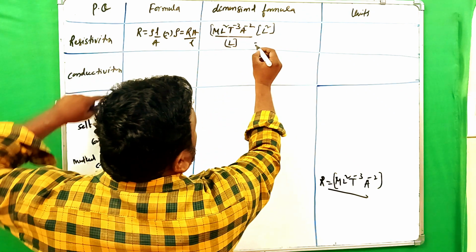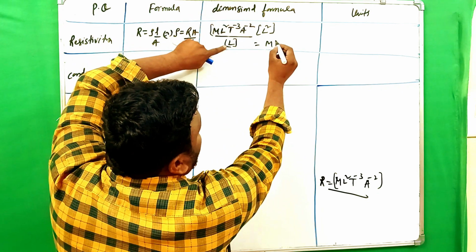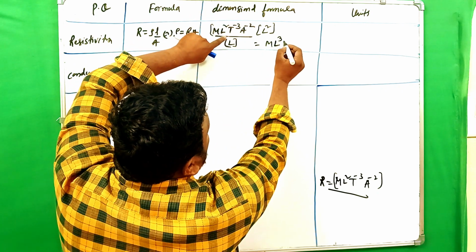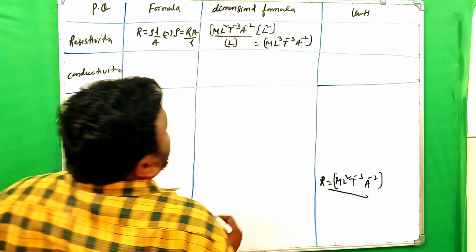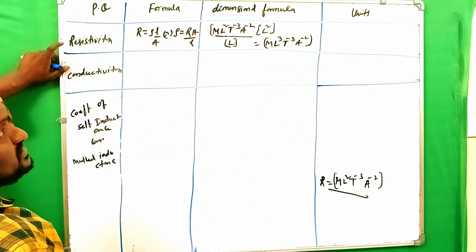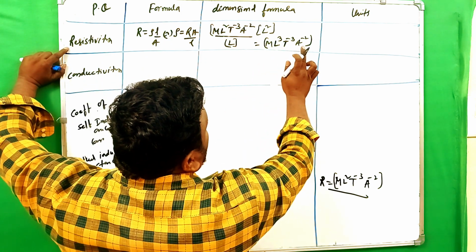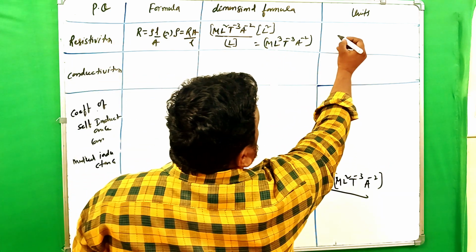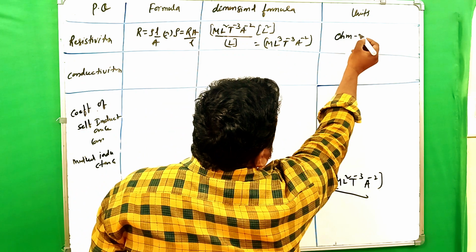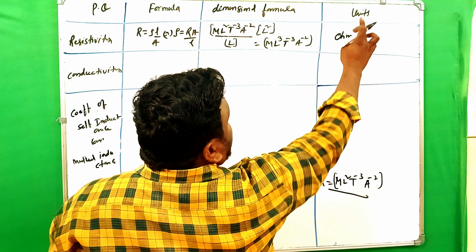Then what you get here: M L cube T inverse 3 A inverse 2. That is the dimension formula of resistivity. And the unit is ohm meter.